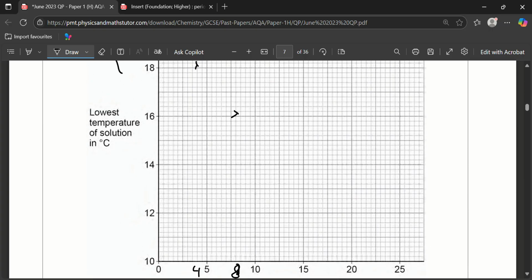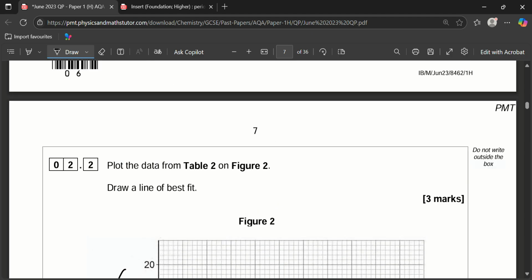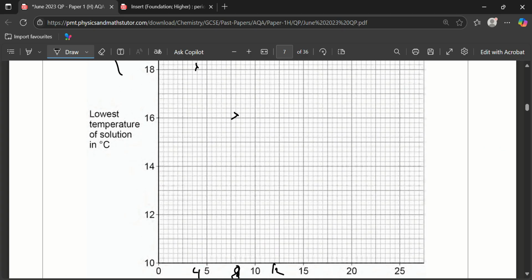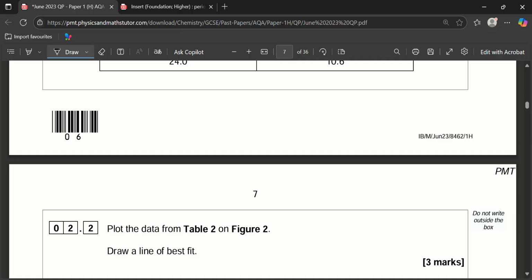12 and 15.2. So going along to 12, 12 is going to be 4 small boxes across, so here's going to be 12, behind 12.5, and the value for 12 was 15.2, and 15.2 is going to be around here.